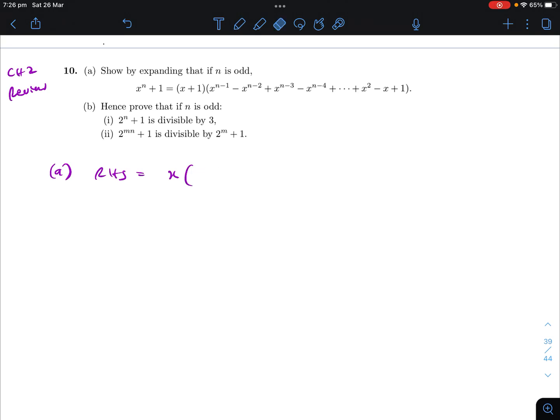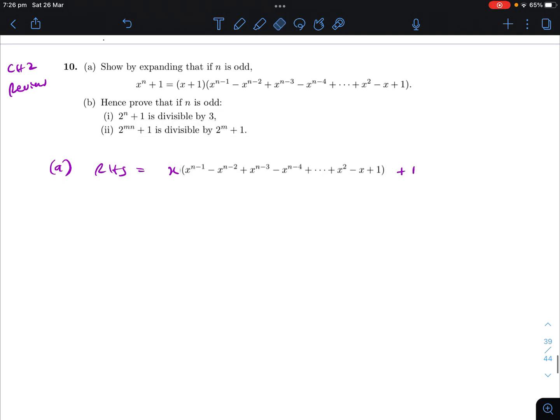Well, I can use the magic of technology to cheat here. You're taking x times this term, and then you're adding 1 times that term.